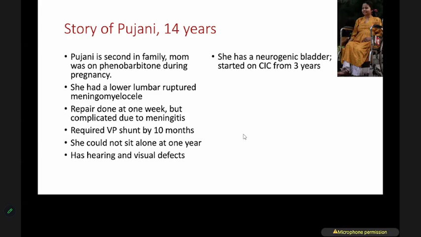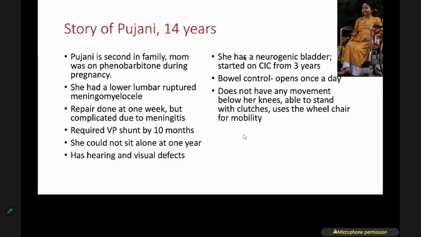Then she has a neurogenic bladder, and she has been on clean intermittent catheterization from the age of about 3 years. Bowel control is reasonably okay. She opens her bowel once a day, so that's not so much of a problem.